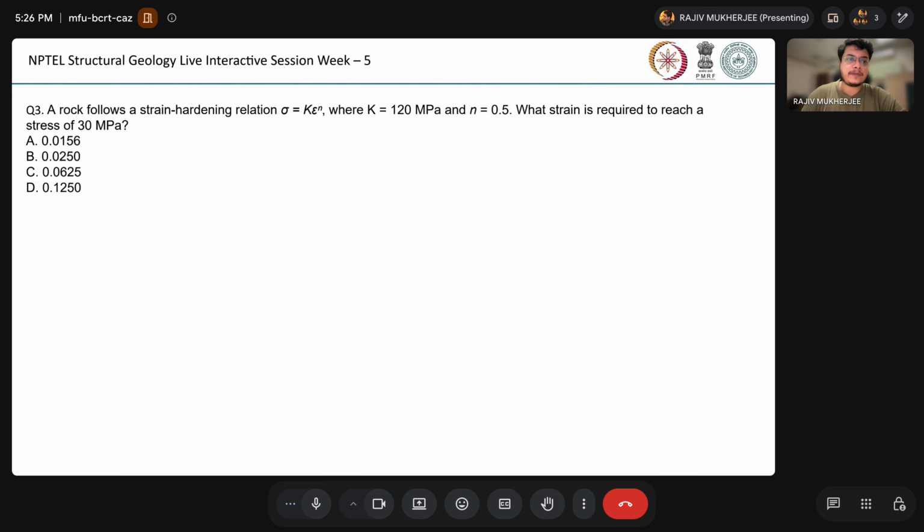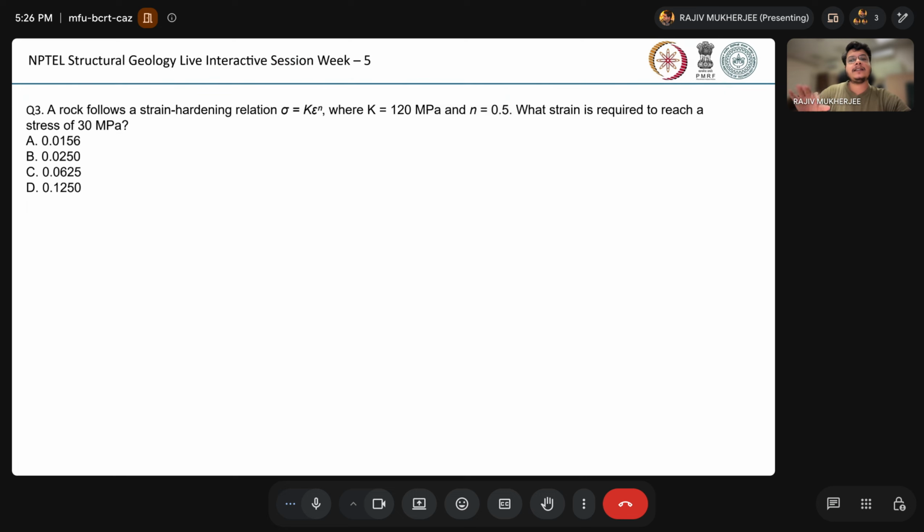The first two questions were essentially related to the elastic limit of a material undergoing deformation. Now we are talking about plastic deformation of a material, and there can be three general kinds of behavior from a material that has just crossed its yield point.